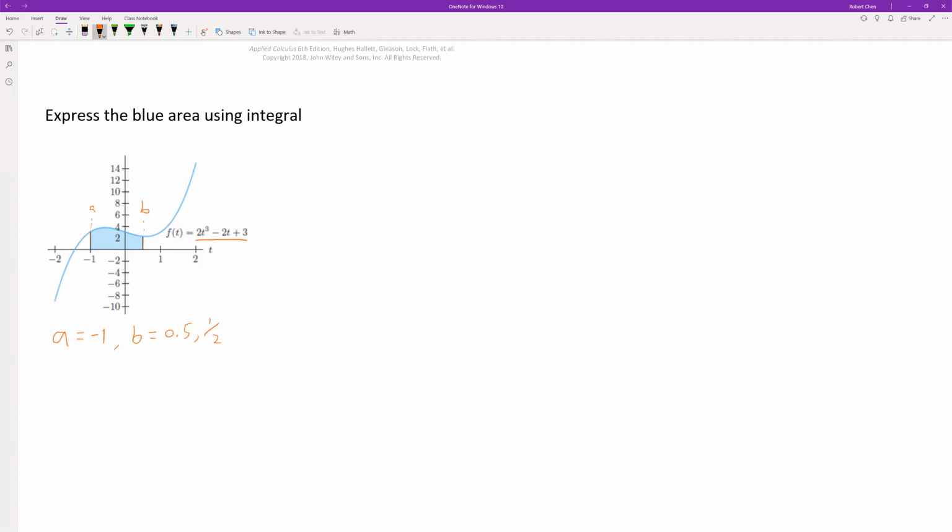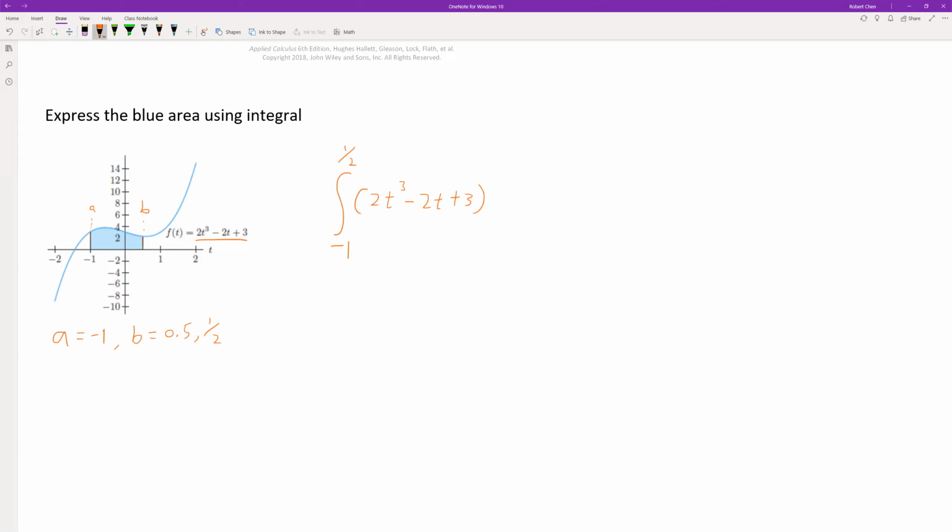So to express the area under the curve, first we need the integral symbol. That's not the best integral symbol. And then usually I like to start identifying the lower bound and upper bound. So lower bound is -1, upper bound is 1/2. And then the actual function, which is parentheses, 2t cubed minus 2t plus 3.